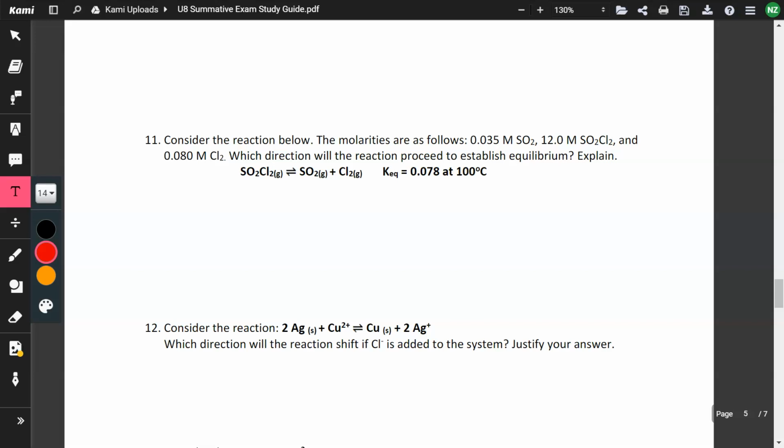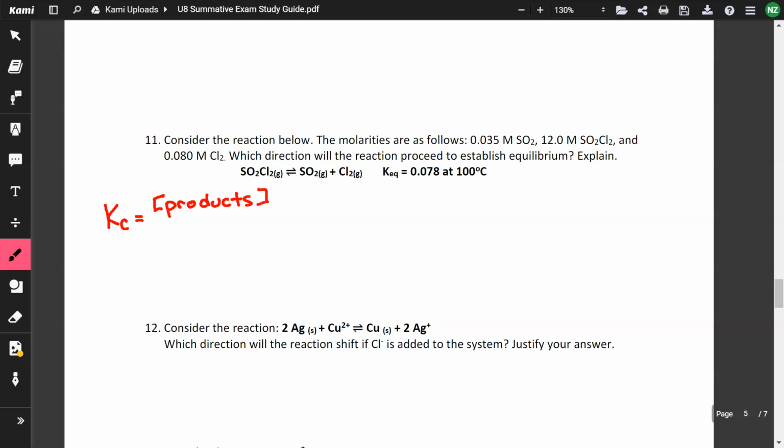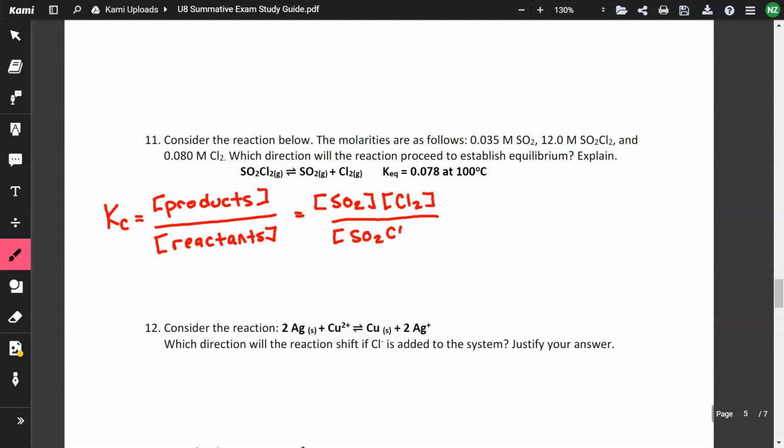So our expression is going to be Kc is equal to products over reactants. Products are SO2 and Cl2. Reactants are SO2Cl2.